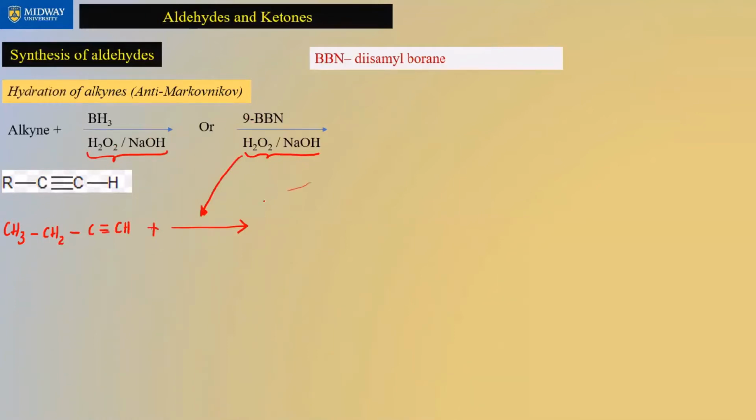So when it reacts, all we're going to do is write the R portion exactly the same and add 2 hydrogens to the carbon containing no hydrogen, and replace the triple bond with a single bond, and then add a double bond O to the carbon that contained the hydrogen.